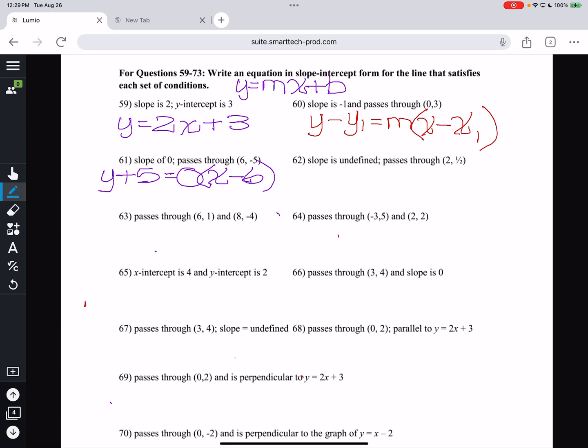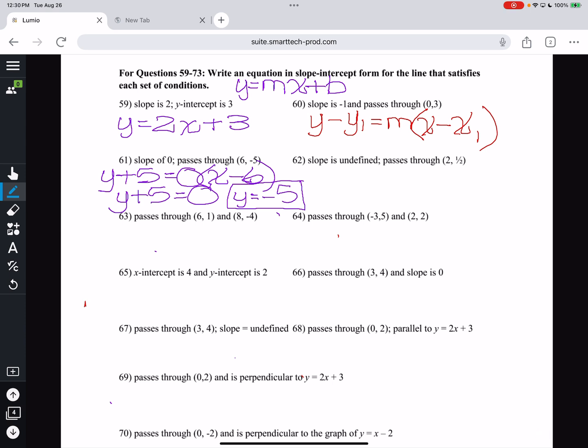Any letter times 0 is still 0. So all of the right side would be 0. So what does y equal? Negative 5. All right, that's the long version.